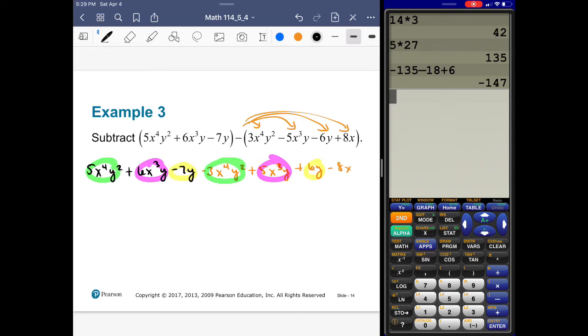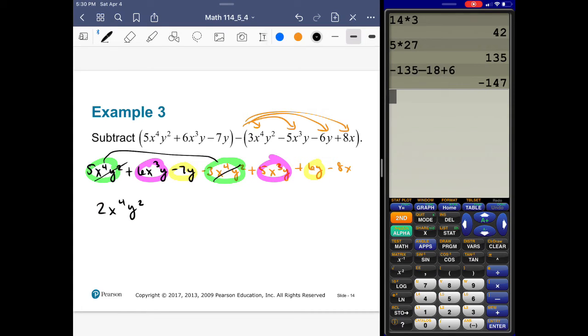So like terms, the ones in green, so 5x to the fourth y squared minus 3x to the fourth y squared. So the green terms would be 5 minus 3. That's a 2x to the fourth y squared.